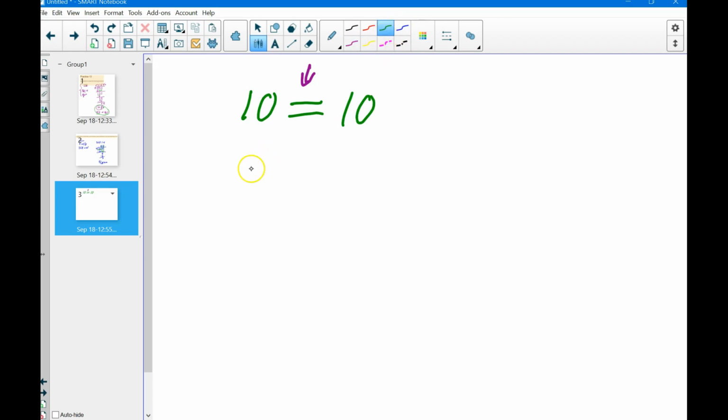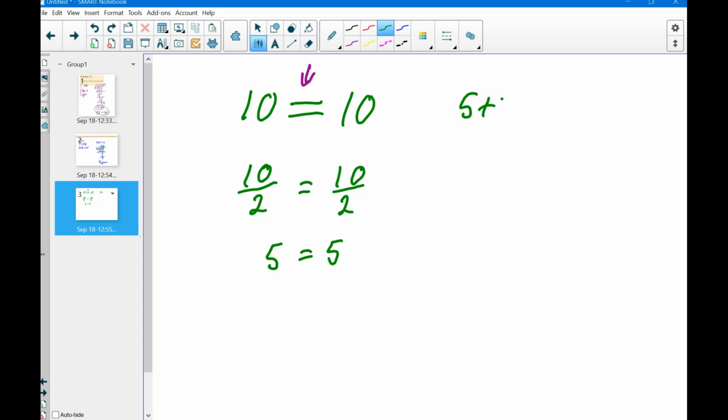I'll take 10 and divide it by 2, and as long as I take the other side and go 10 divided by 2, both sides still happen to be equal. Right? That's all that matters. They're still equal. I take the 5.